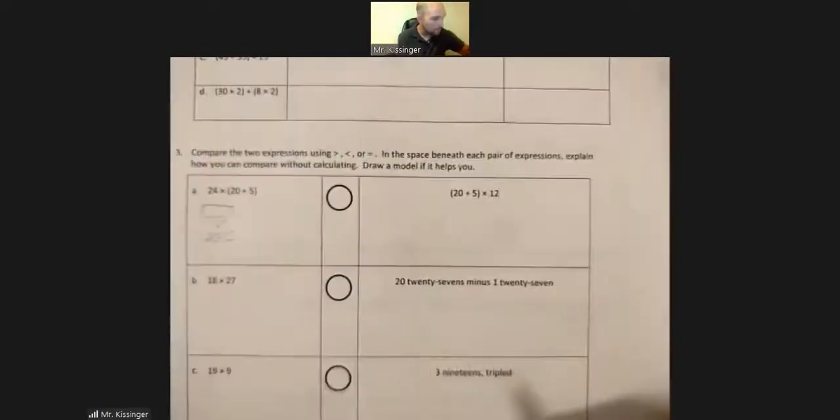So let's look at our 20 plus 5. And we'll use a little tape diagram again. So we're going to draw a rectangle. And this is 20 plus 5. And we're going to have 24 of those.